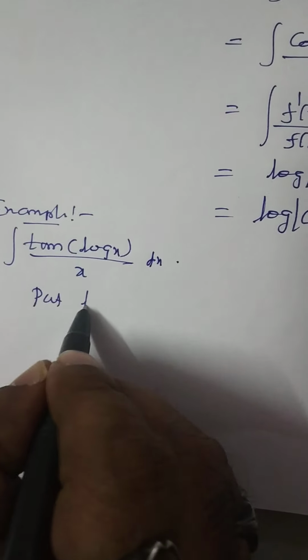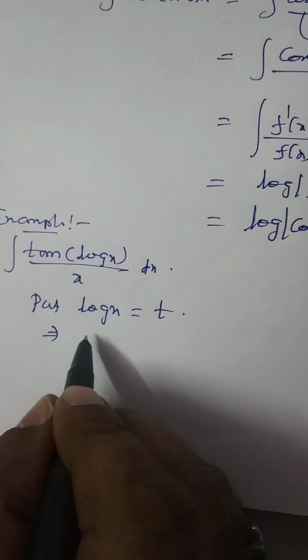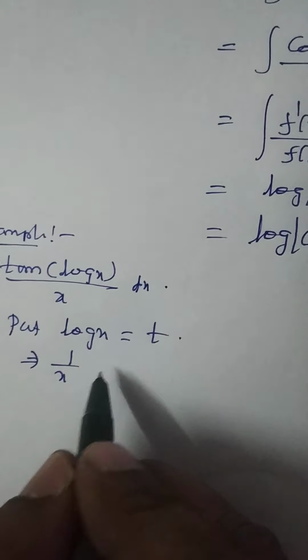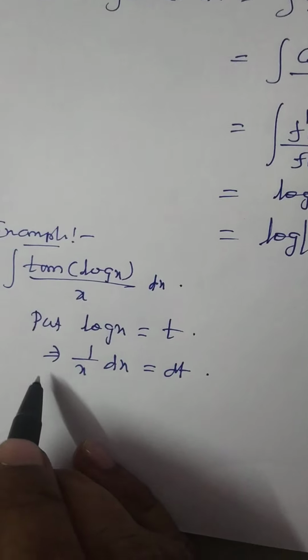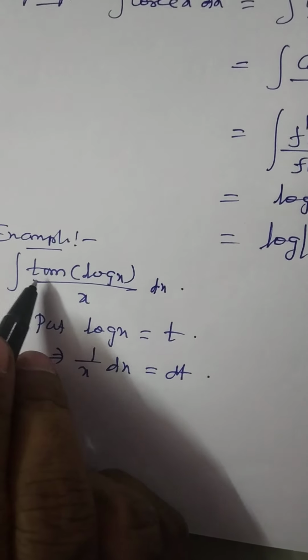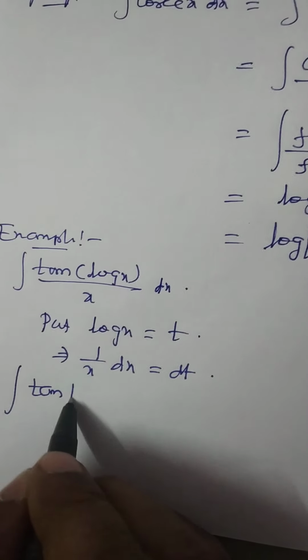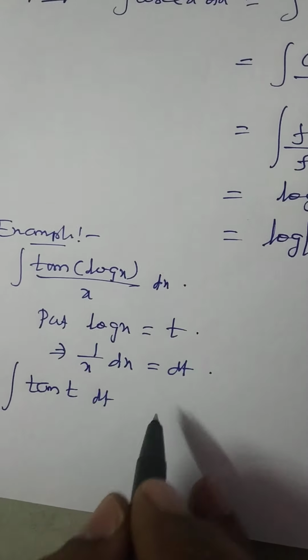Put log x is equal to t here. Differentiating with respect to x on both sides, 1 by x dx is equal to dt. So in the given integration, tan of log x becomes tan t, and 1 by x dx becomes dt.